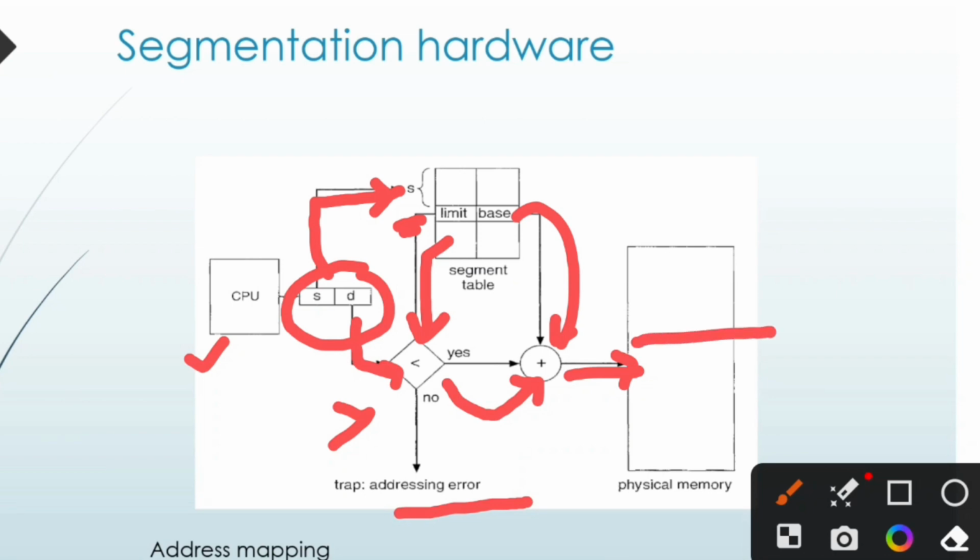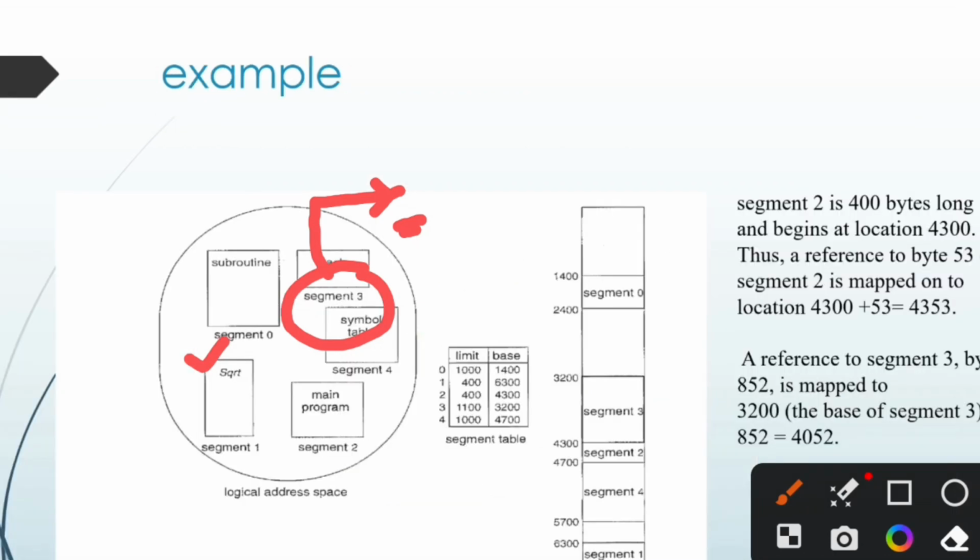Consider one example. Let us say there is a reference to byte 53 of segment 2. So, where is segment 2? We want to check it in the segmentation table. It has a base of 4300 and a limit of 400.